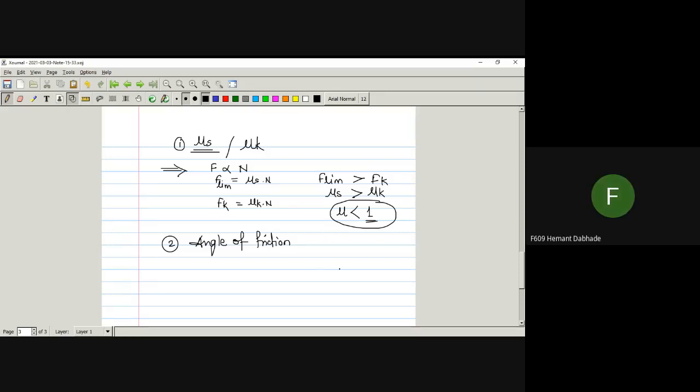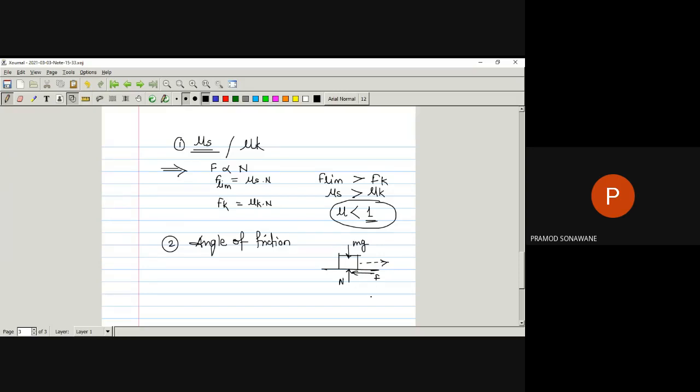Equal to mu s. Mu is equal to tan theta. If suppose this is your crate which is having mg, so obviously there will be normal reaction N. If impending motion direction is this, obviously resistance force will be like this.